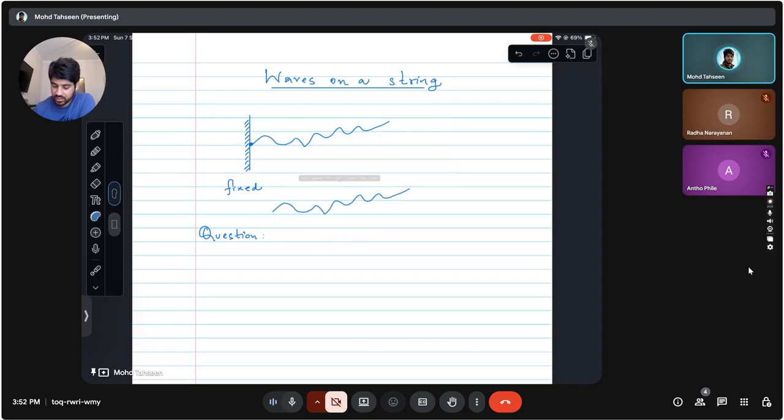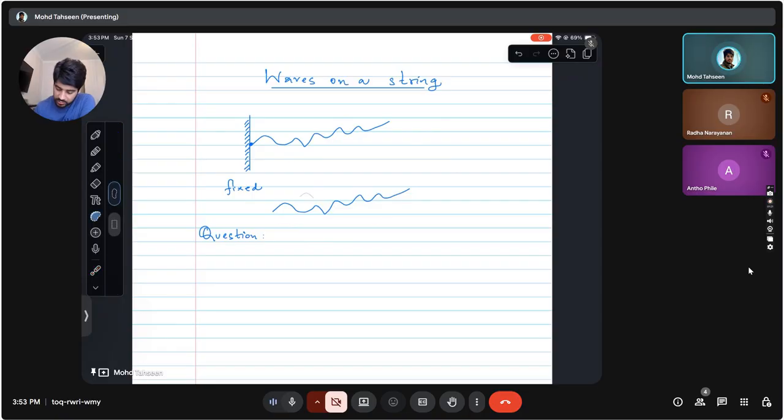For example, there is no difference between this string and this string. It has only translated by some amount, and there is no change in the internal structure of the string. So these are the same configurations. To prevent that, we have added one fixture, but it does not constrain the motion of this string.